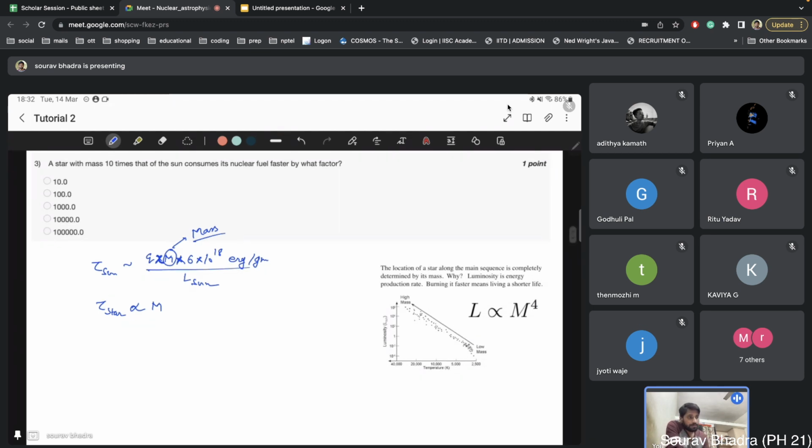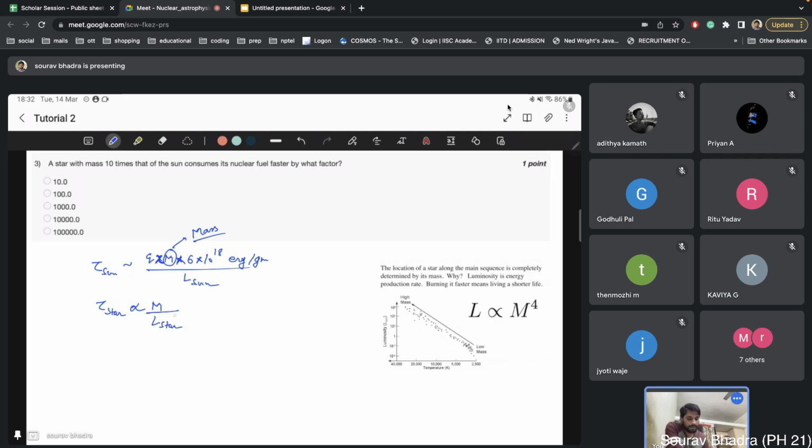And here there was the luminosity of the star. Now, if you can express your luminosity by the mass, then you can calculate the lifetime of the star depending only on the mass.